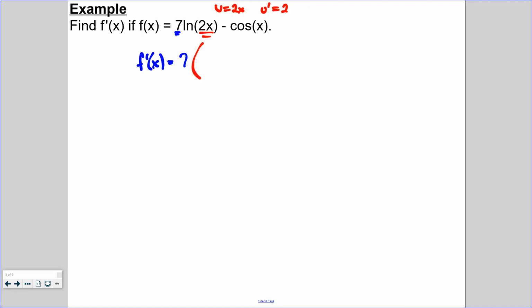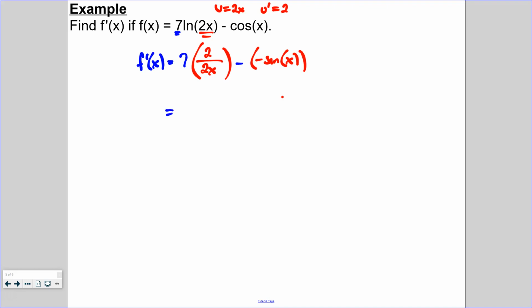And then we're going to multiply. Now, since we do have a function inside the natural log function, we can use our formula of u prime over u. We know that u prime is going to be 2 over, and our original u was 2x, and then minus, and the derivative of cosine, if we remember, is negative sine of x.